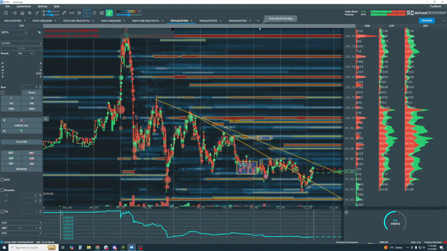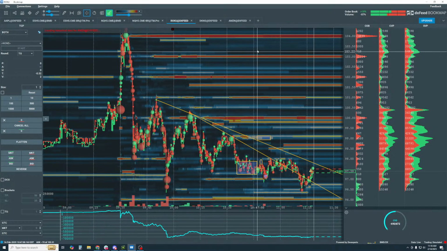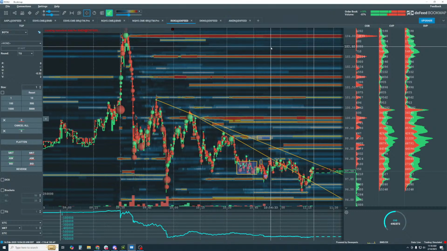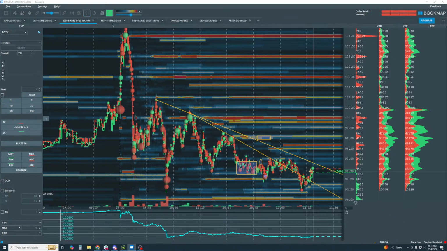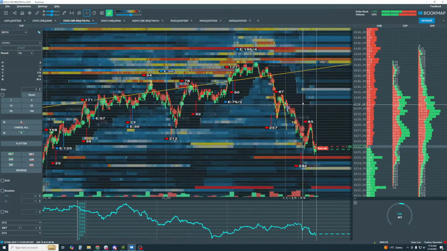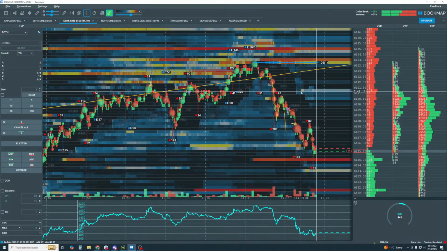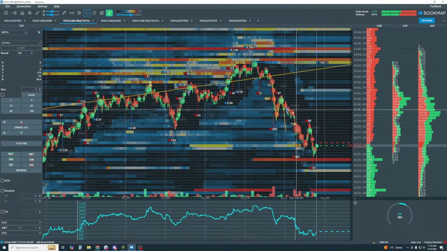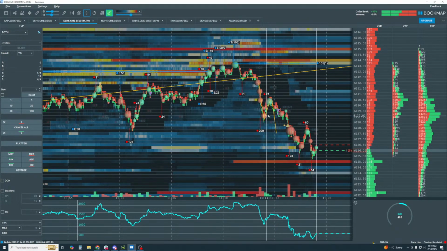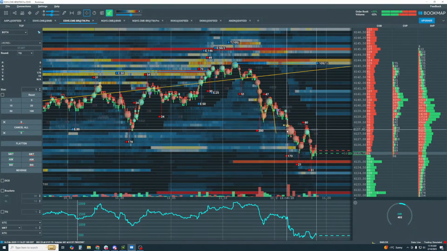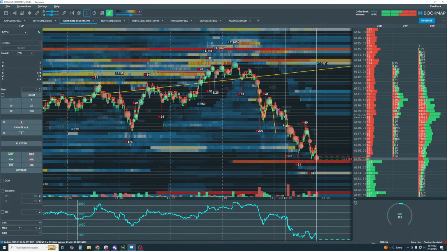I haven't looked at it in quite a while. While we're waiting for that to load, let's go back to S&P. Okay, this turned into a nicer move, but we had our reasons. We were looking for just this move to here, right? And it went further.